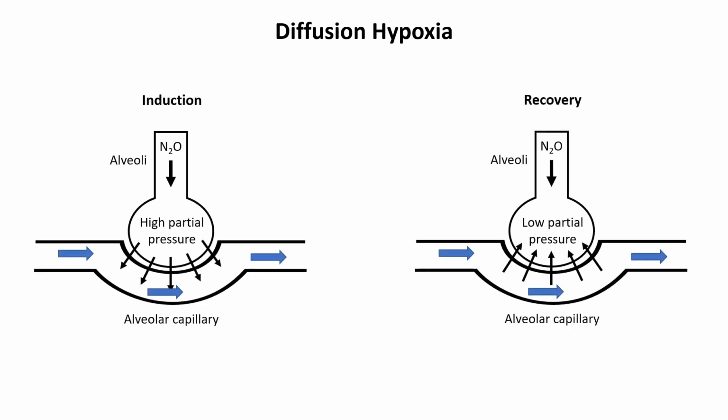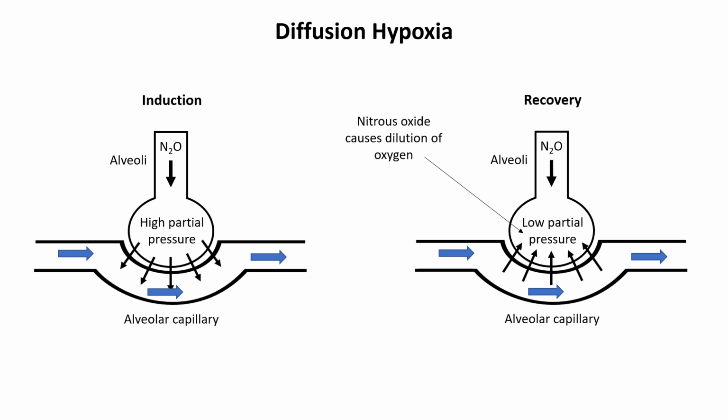Not everything is good about nitrous oxide, especially during the recovery phase when its administration is stopped. As nitrous oxide is discontinued, a large concentration of the gas diffuses back into the alveoli from the blood, opposite to what happened during induction. This diffusion can dilute the inspired oxygen concentration, potentially leading to hypoxia.